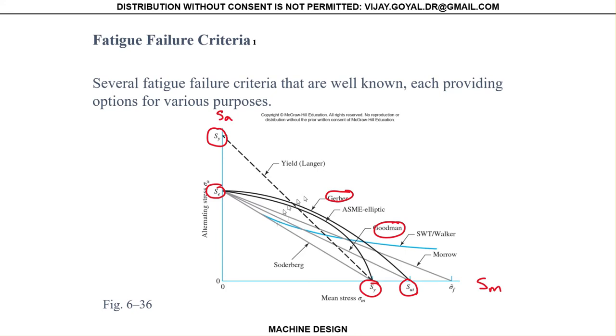In this particular plot, this is Soderberg. You can see that's very conservative. This is the most conservative theory that you're going to have, because it goes from the yield line to your endurance limit. Anything outside this has a finite life. Anything inside here, you're saying you have infinite life.